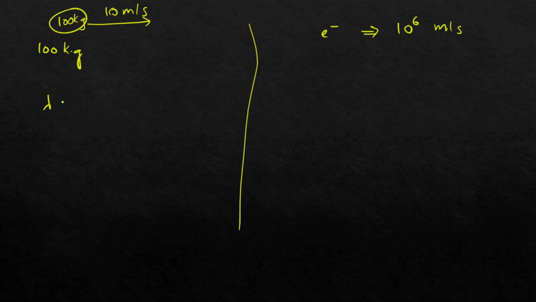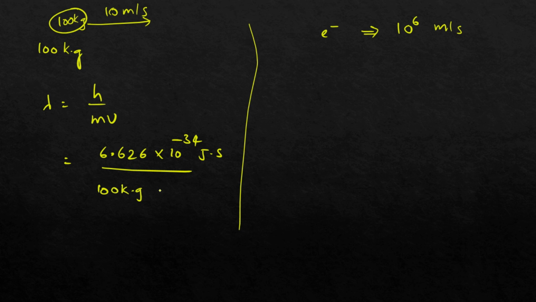So lambda is equal to h by mv according to de Broglie. That will be 6.626 into 10 power minus 34 joule second divided by mass 100 kg and velocity 10 meters per second. Here you can substitute joules with kg meter square second power minus 2.